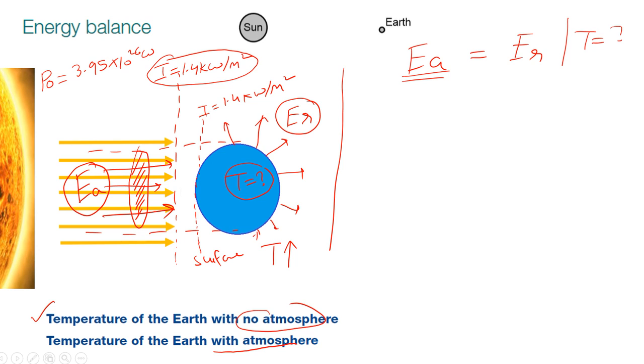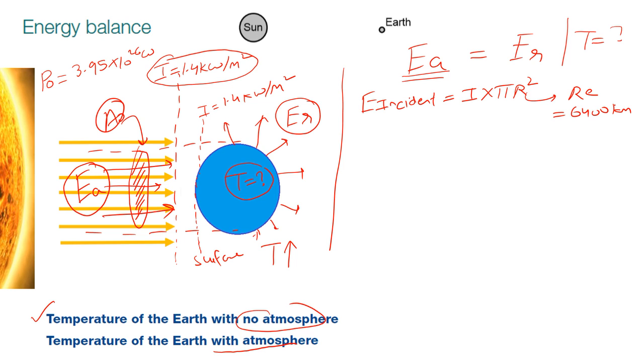First we will figure out the total energy which is incident on the earth. That will be the intensity, 1.4 kilowatts per meter square, multiplied by the area of this circle, let's say A naught. That will be pi r square, where r stands for the radius of the earth, and this value you have to remember as 6400 kilometers, right?